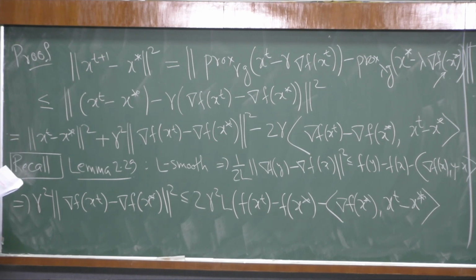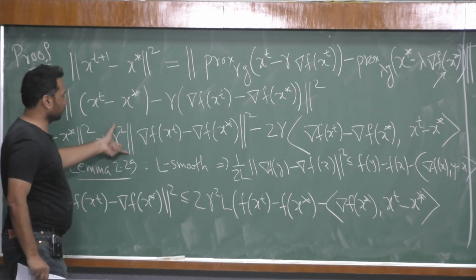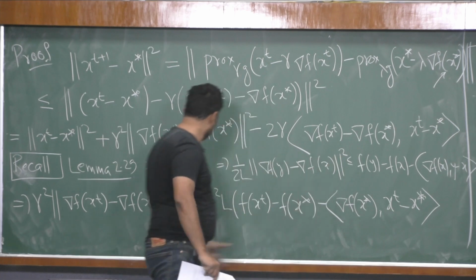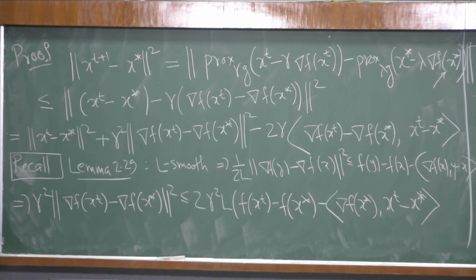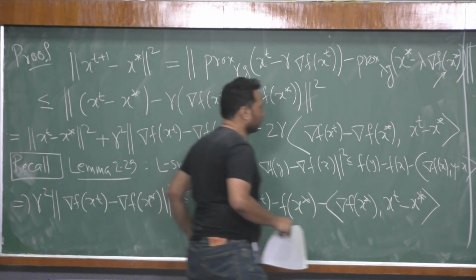We have taken y to be x_t, x to be x*, and this is the bound we have. The 2L gamma squared was already there, so 2L goes there, hence we have 2L gamma squared here. So this is for the second term, and we will also bound the last term.